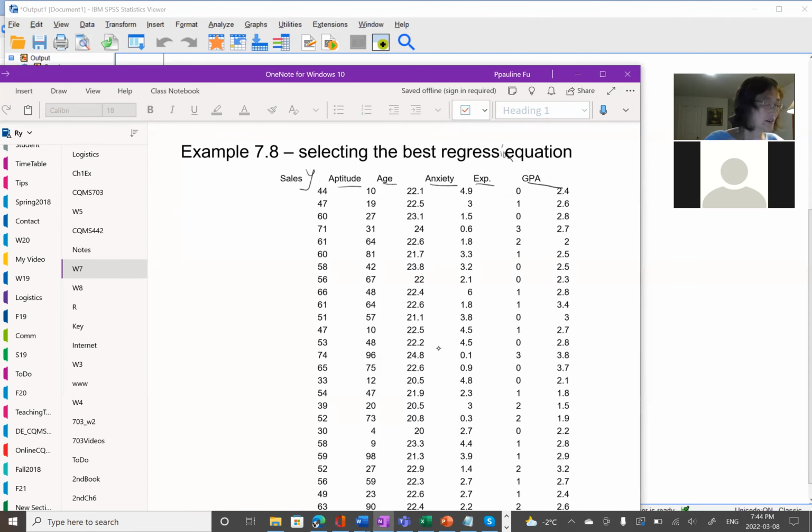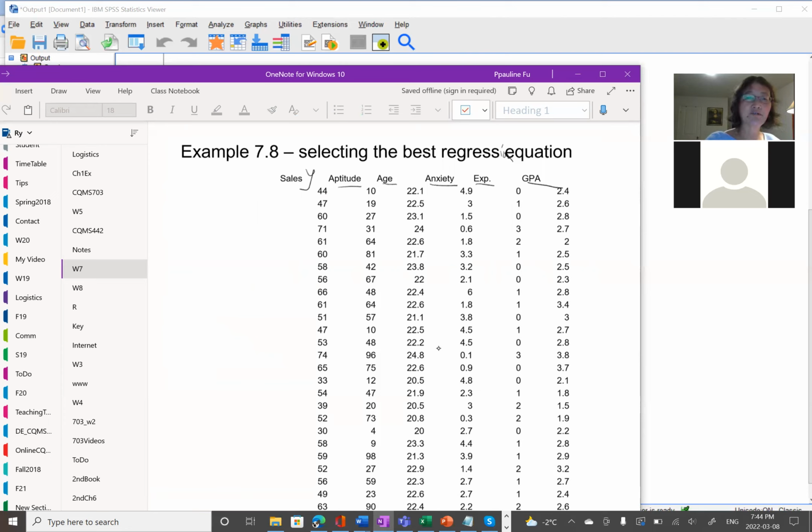So this example is a company wants to see if employees' aptitude test, the age, anxiety, experience, GPA, high school GPA, if those factors contribute to the sales, that is what we want to investigate, okay?